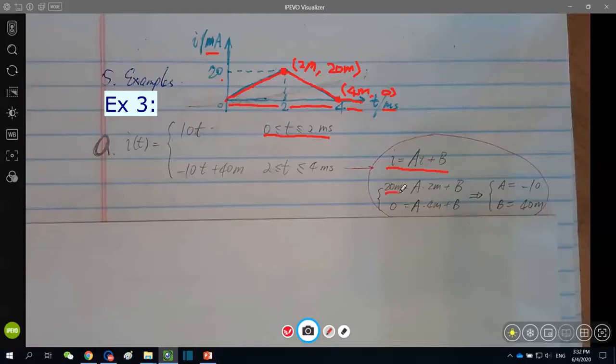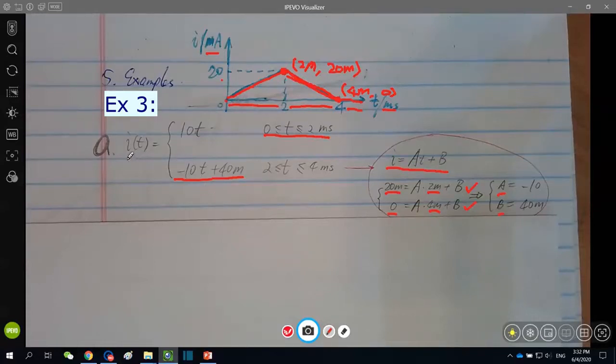Substitute 20 milli here and 2 milliseconds here as the first equation, and substitute 0 here and 4 milli here as the second equation. So 2 equations, 2 unknowns. Find A and B constants. So we know the expression of current between 2 and 4 milliseconds is -10t plus 40 milli.